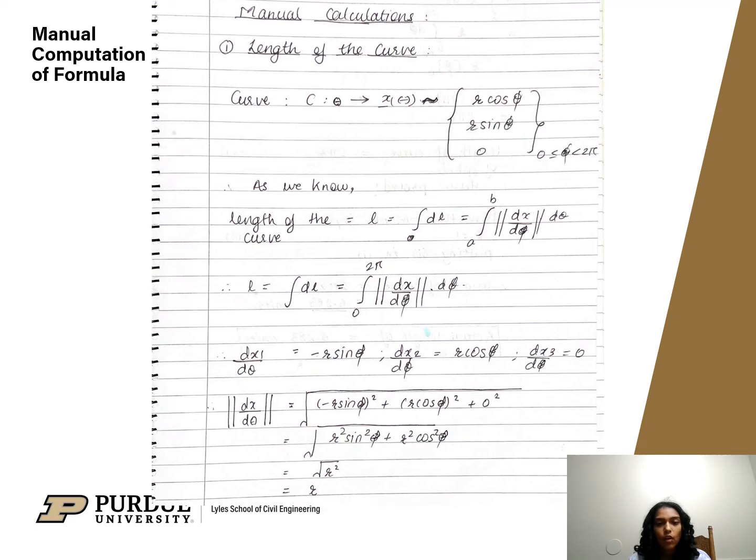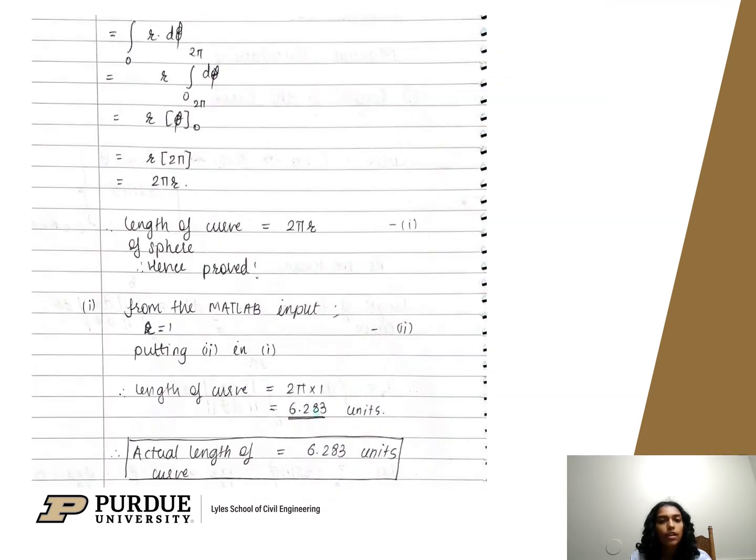After getting all that, we get the magnitude as r, and next we get the length of the curve as 2 pi r. And from the MATLAB input where I put r equals 1, I get the length of the curve as 6.283 units, which is the actual or theoretical length of the curve.